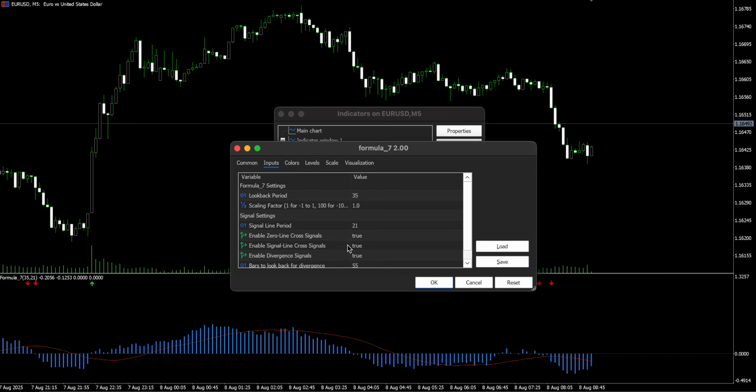As you can see here, you can enable divergence signals, which, if you understand trading or if you're an old trader, you're gonna understand it. It's very easy. And if you're a beginner, divergence is when the price and momentum, or my indicator, goes in opposite direction. So that's divergence.